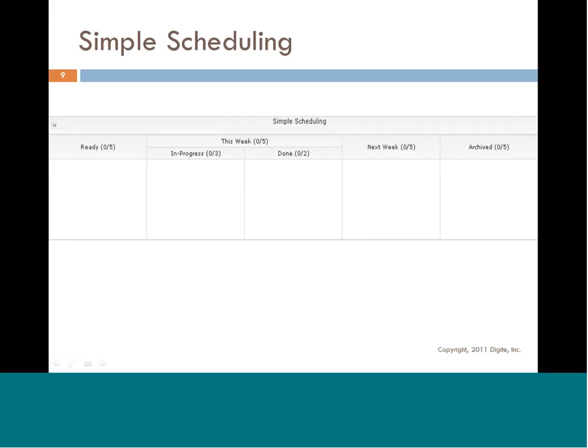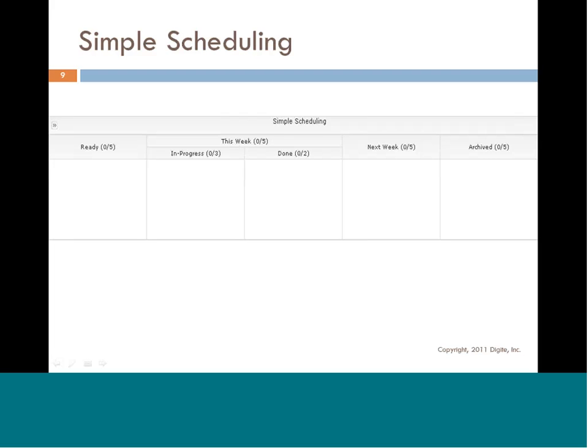So this particular Kanban board is built for a 2-week cadence. You have a ready queue with all your cards. You would plan and say, for this week, these are the cards I'm going to work on, and this is my plan for next week. So you can have cards here and plan them for the next week.